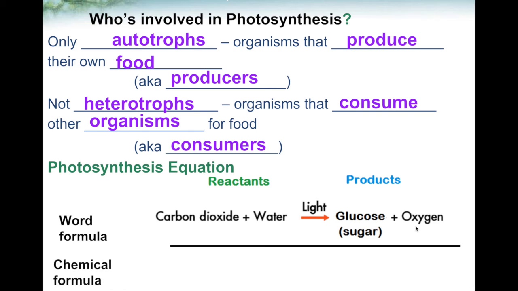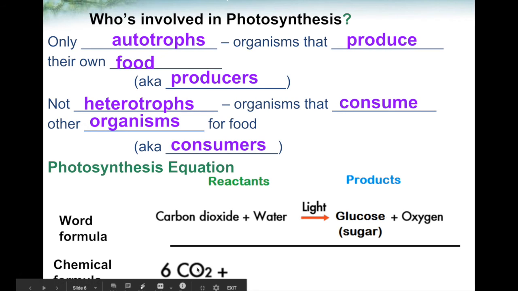Now, you need to also know the chemical formula for it. That means how to write all of these reactants and products, not in words, but in a chemical way. So carbon dioxide is written as CO2. That means it needs 1 carbon atom and 2 oxygen atoms together to make carbon dioxide.